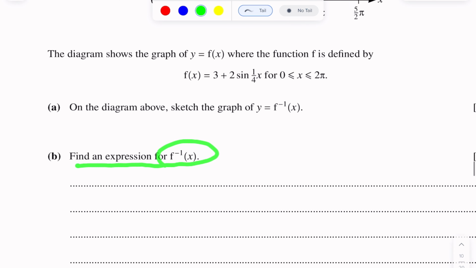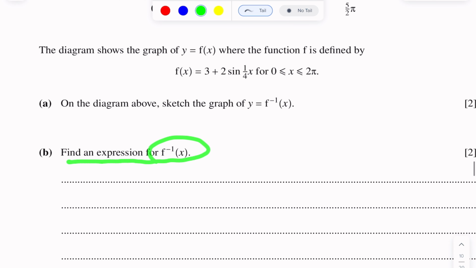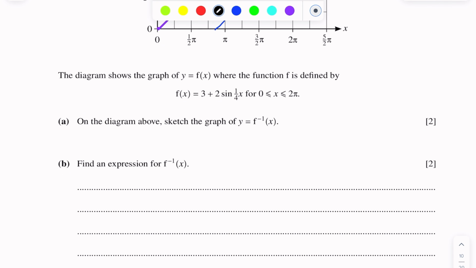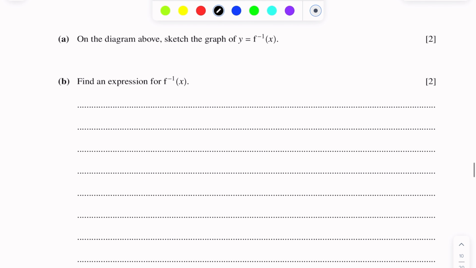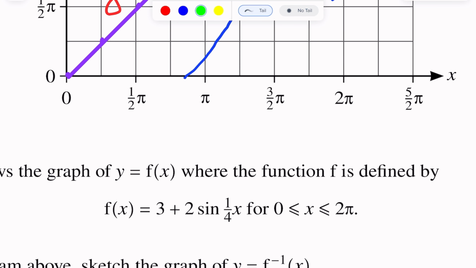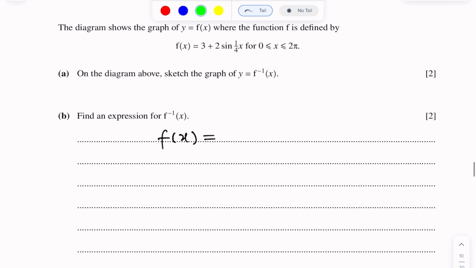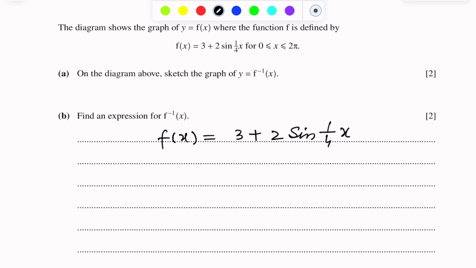Now we have to find the inverse of the function. f(x) is given, that is 3 plus 2 sine (1/4)x.